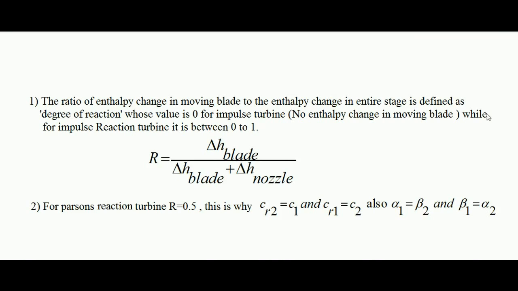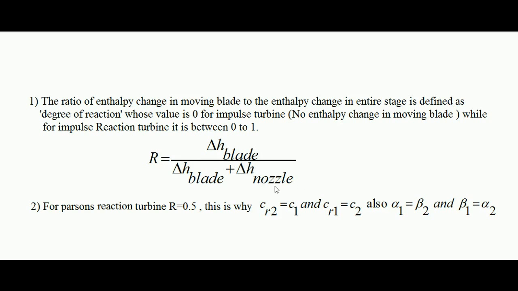Now some more attributes in regard to impulse reaction turbines. Two main attributes are to be known. The enthalpy change in a blade upon the total enthalpy change in the stage is what is called the degree of reaction, R. Stage means one set of nozzles and one set of blades.